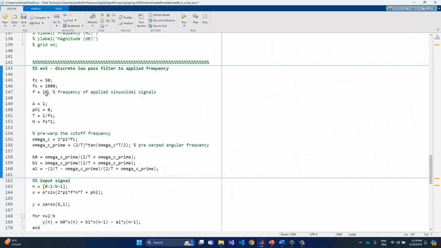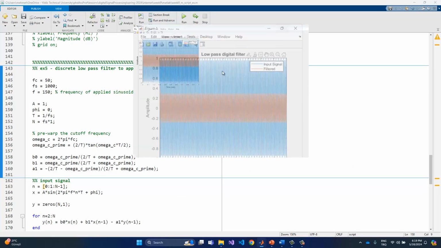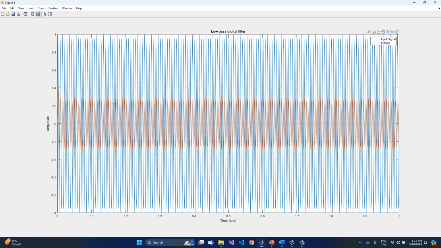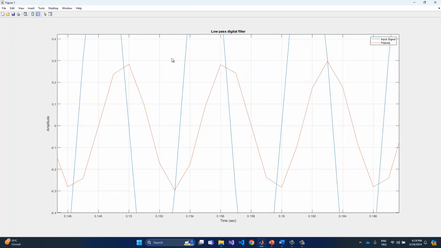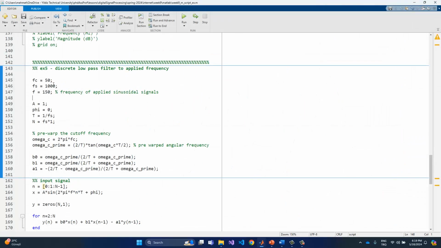But if I choose the 150 values in here, then our signal is closing to each point. Okay, fs may be increased in here just like this one.